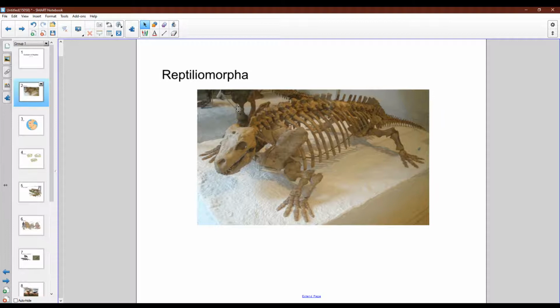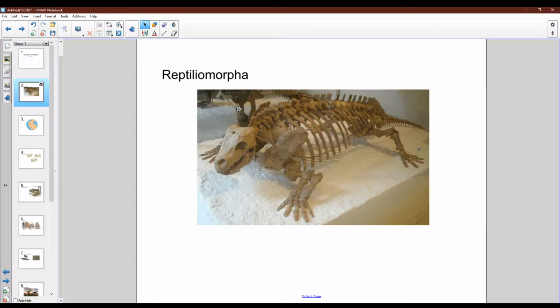So first, we're going to look at a group called the Reptilomorphs. These evolved from a common ancestor with amphibians probably 300 million years ago or so in the late Carboniferous period. These groups were called reptilomorphs, which just kind of literally means in the shape of a reptile.